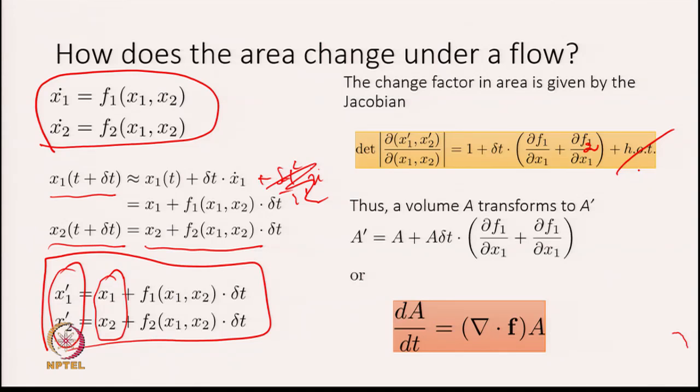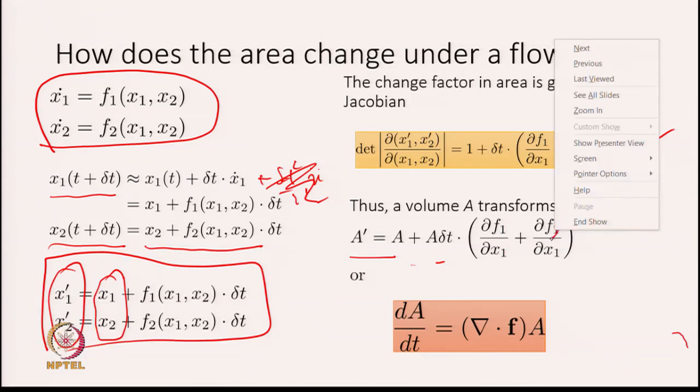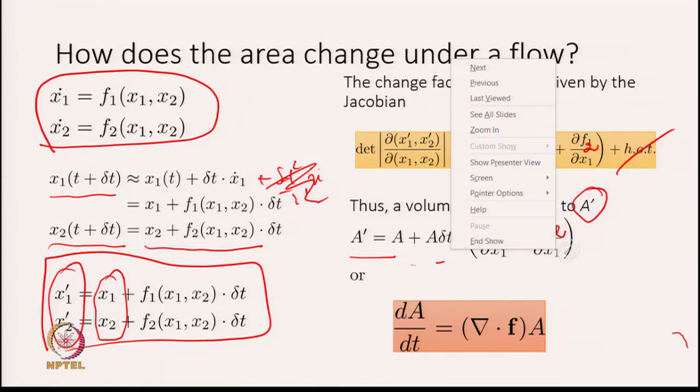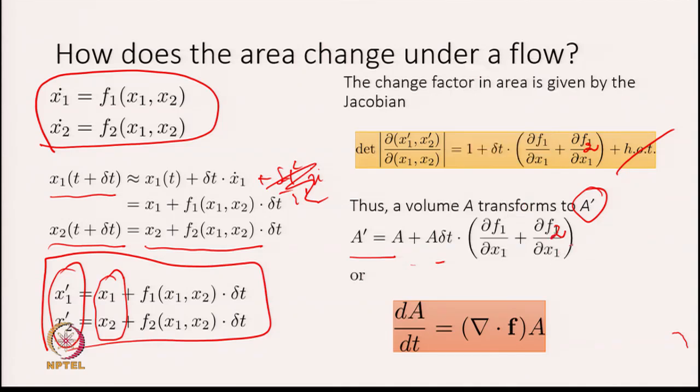Now, therefore, this volume or area A will transform to a new area A prime by this multiplicative factor. A prime is just A plus A times delta t times partial of f1 with respect to x1 plus partial of f2 with respect to x2.